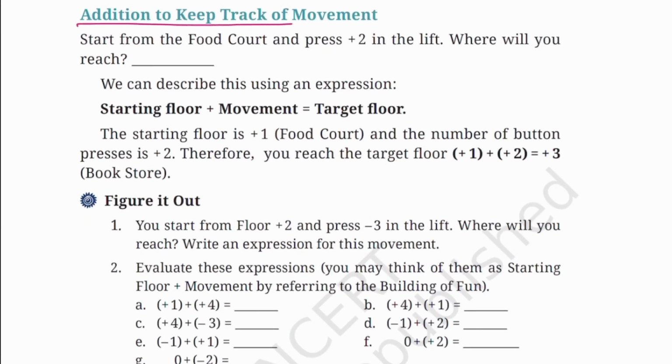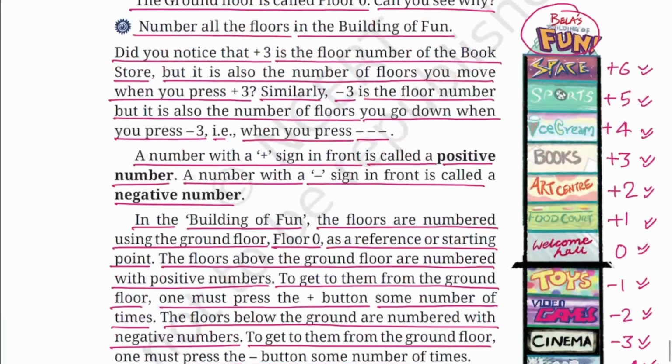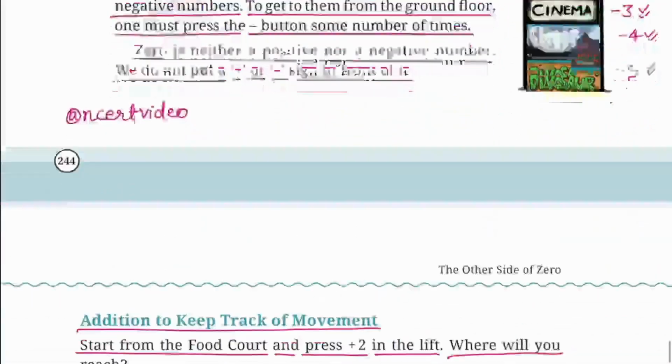Addition to keep track of movement. Start from the food court and press plus 2 in the lift. Where will you reach? 1, 2. Plus 2. You will reach the bookshop.